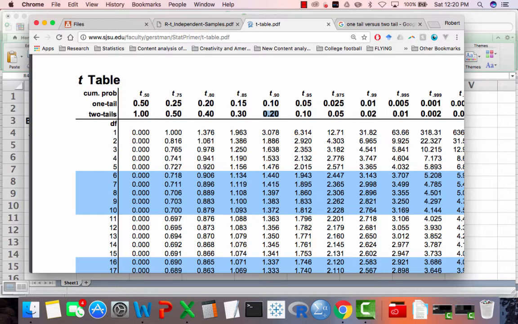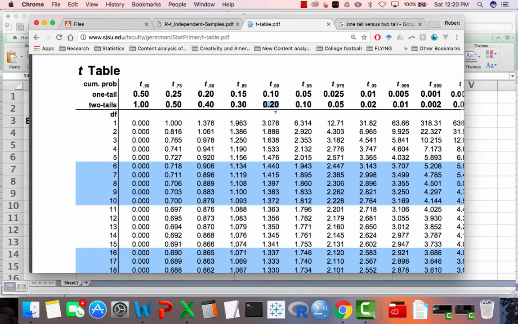Because if that's really low, say it's 0.01, that's saying that if we conducted this study 100 times, only once would we see a value this large if this were just due to random chance. So that's low, and so we can say, oh, well, it's probably something real. Or at least it gives us more confidence that it's something real.